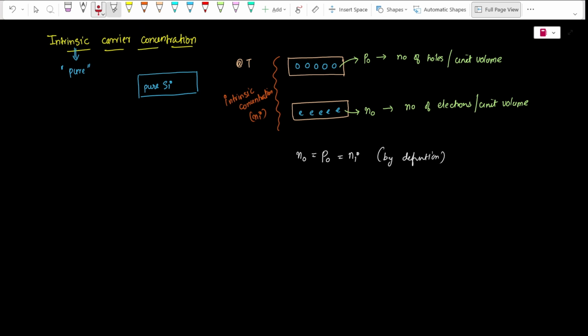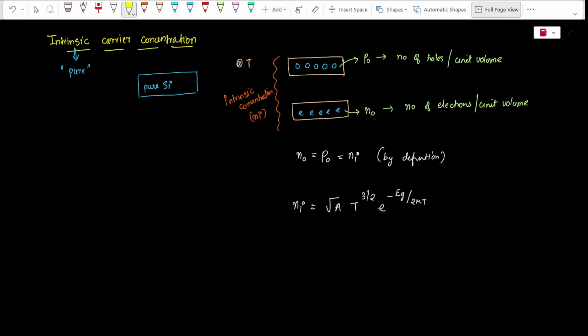Now if I look at a change of temperature, I can write this expression as: Ni is equal to root of A T^(3/2) e^(-Eg/2kT). So this is the expression.